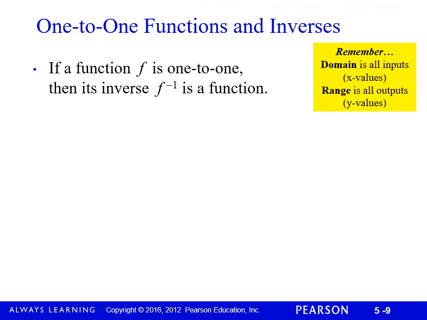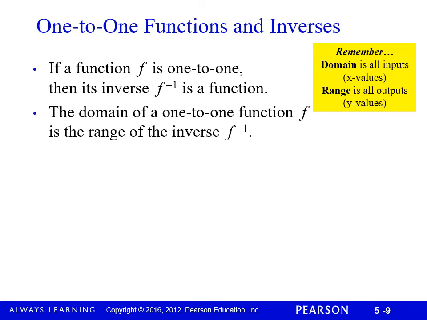Now remember that when we were talking about functions before, we had two vocabulary words: domain, which was the set of all inputs or the x values, and range, which was the set of all outputs or all the y values. So that will help us with some of these other rules here.